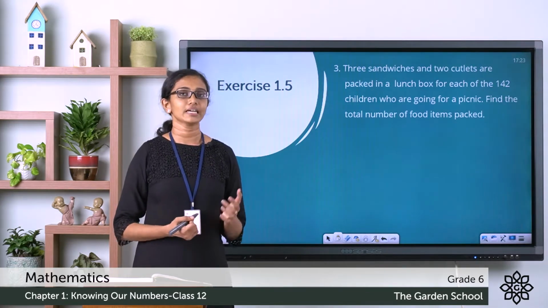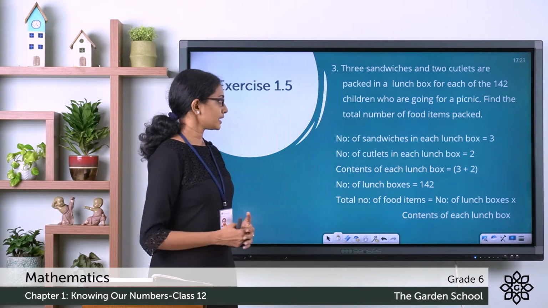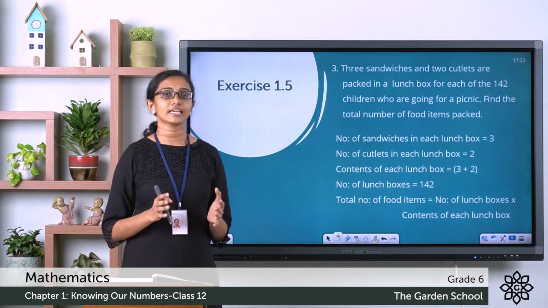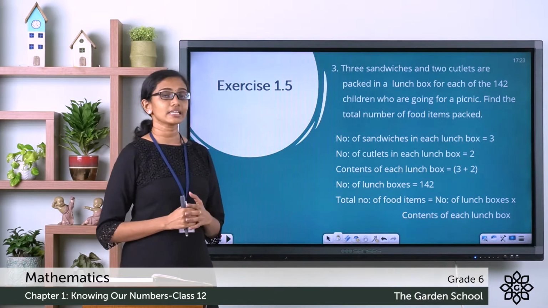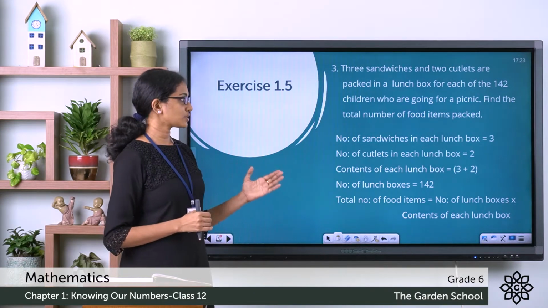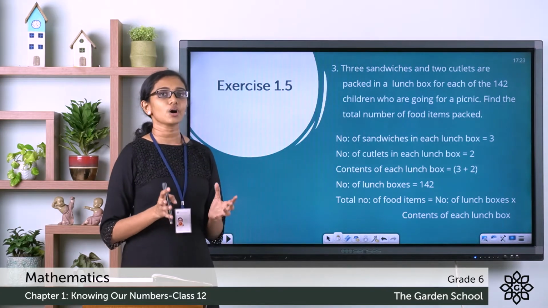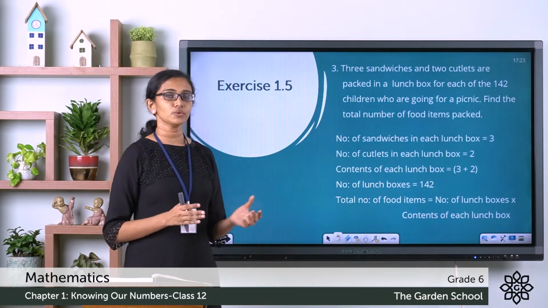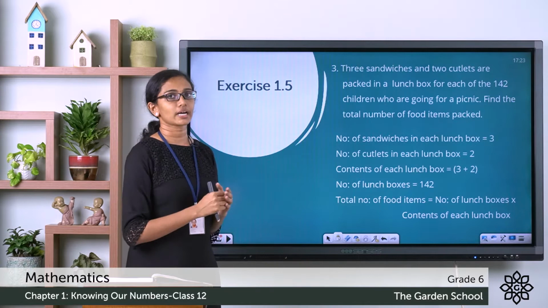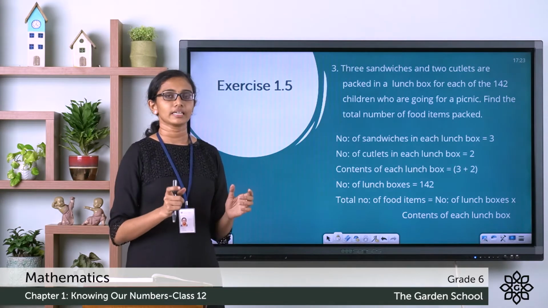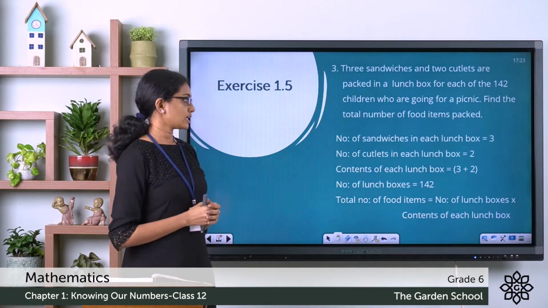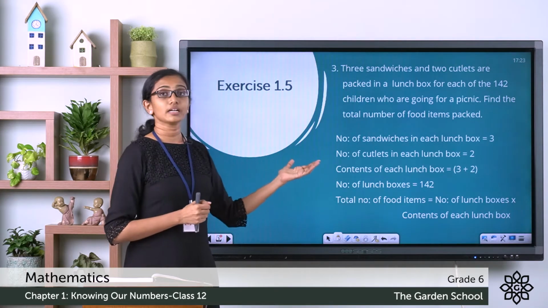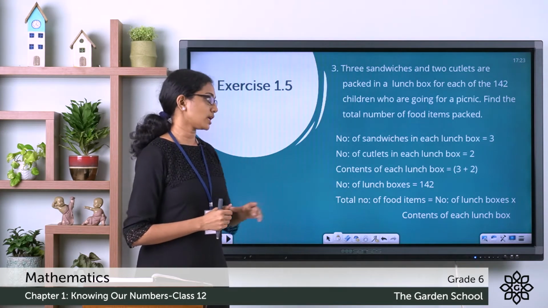From the question, let's write down the steps. The number of sandwiches in each lunch box is equal to 3. The number of cutlets in each lunch box is equal to 2. So the contents of each lunch box is equal to 3 sandwiches plus 2 cutlets, that is 3 plus 2. And here we have put the numbers within brackets. We are told that there are a total of 142 lunch boxes.